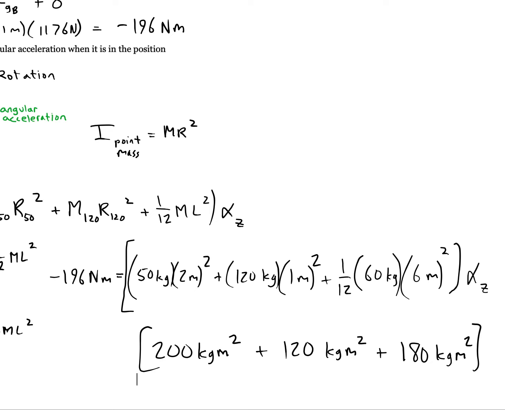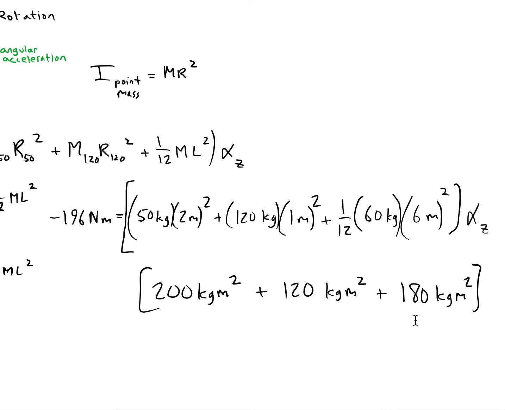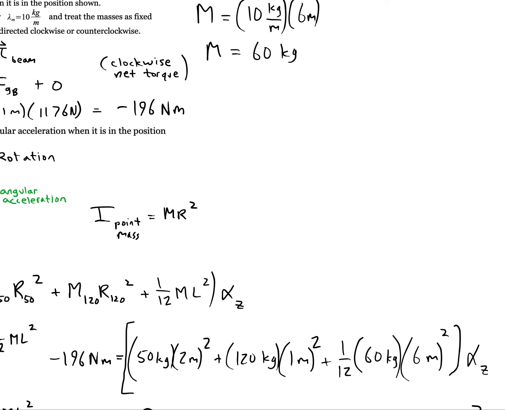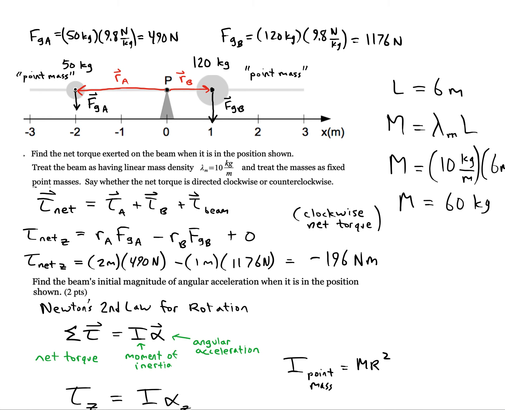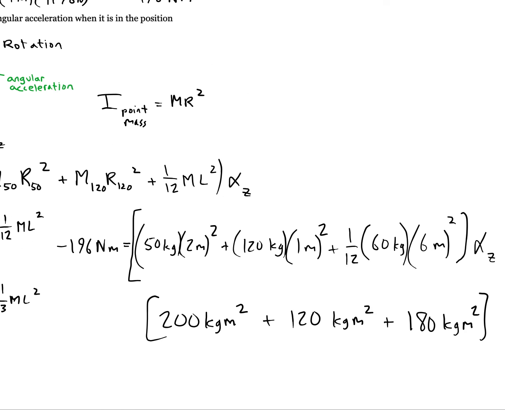And it just tells us about the resistance to angular acceleration. So there's quite a bit of resistance contributed by the beam itself, 180 there. The most resistance actually comes from, believe it or not, the point mass here. Why? Because it's so far away from pivot point P. It's difficult to get that thing to go all the way around, you know. So that's the reasoning there.